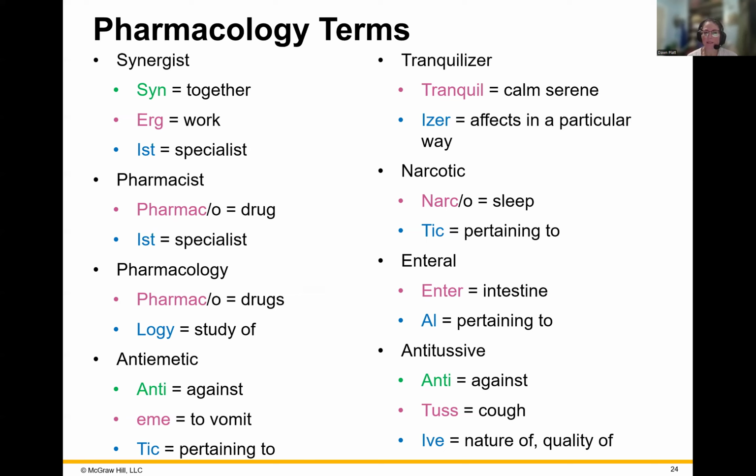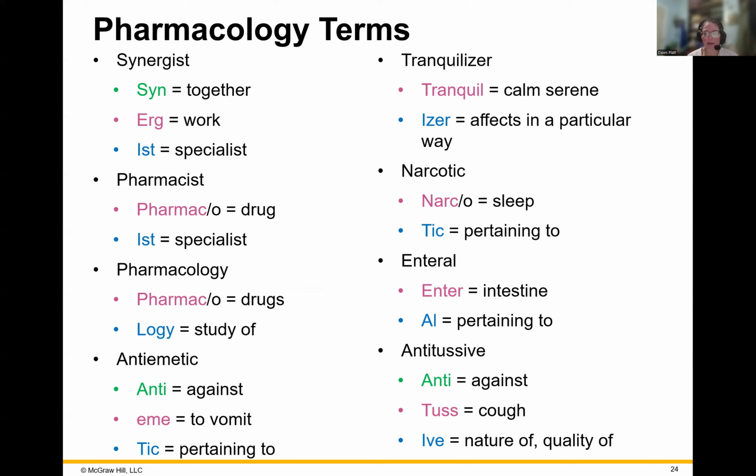Such as, let's look at synergist. Synergist. We have a prefix, which is syn, that means together. Erg means work, and then ist is a specialist. So a specialist that basically works together.